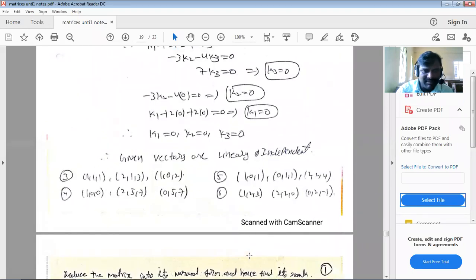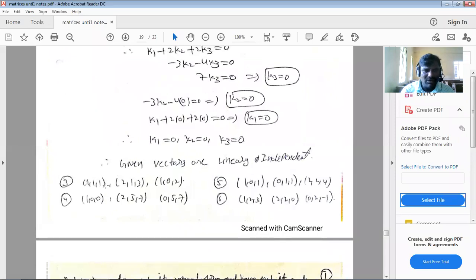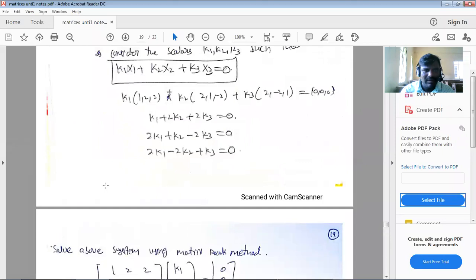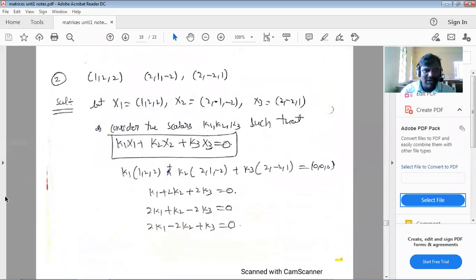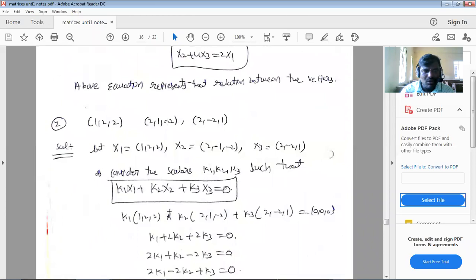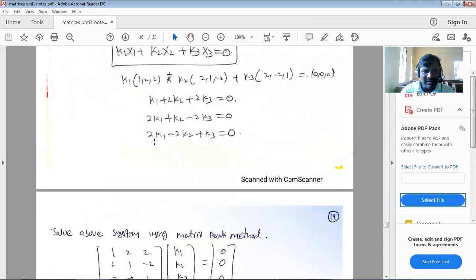Now, my point is, suppose a problem is given: you check whether the vectors are linearly dependent or independent. How to check this linear combination? How to find a shortcut method? First, you have to write down the matrix. You have to observe that matrix here. In this step, vectors are given: the first vector 1, 2, 2 becomes the first column. The second vector 2, 1, minus 2 becomes the second column.